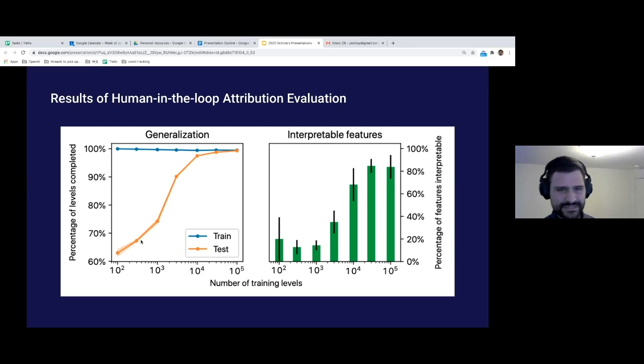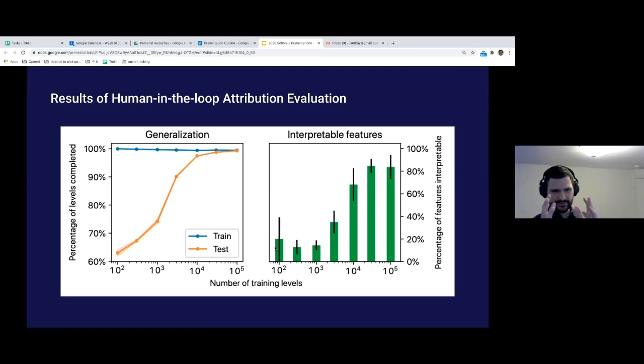We can see that, as expected, it performs well when tested against data it hasn't seen, if it's been trained on a larger amount of data. So essentially, as you train on more data, you expect the models to perform better in testing. And just as the performance improves, so does the interpretability of the features of this model, essentially meaning that models that have been trained on very little data, in CoinRun in this instance, only have about 1 in every 5 features that is even understandable to humans.